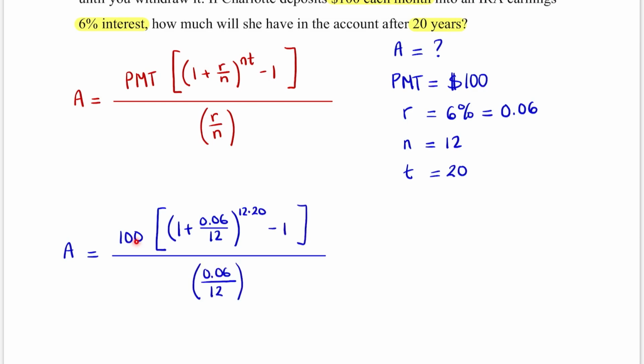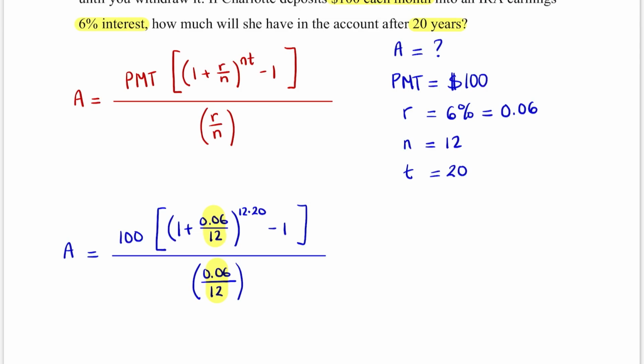So I have 100 times (1 plus 0.06 divided by 12), the whole thing raised to 12 times 20, minus 1. And this whole entire thing is divided by 0.06 over 12. First, I'll take 0.06 divided by 12.